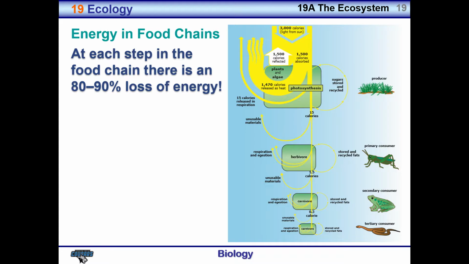And then if the frog eats the grasshopper, the frog is now the secondary consumer, and it's a carnivore, and 80 to 90% of the energy in the grasshopper is lost, and the frog only gets a small amount of what's left. And then if the frog, let's say, is eaten by a snake, then another 80 to 90% of that energy is lost.